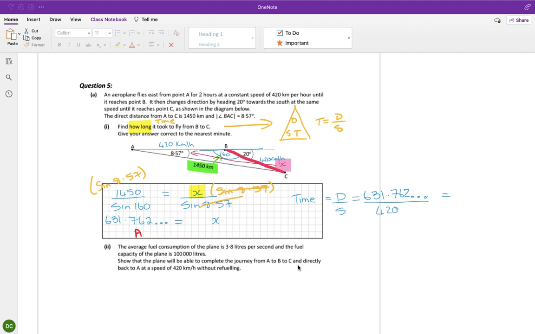So I'm going to divide that by 420. To the nearest minute. Okay, so I'm getting 1.504 and again it goes on, but that's hours. So I'm going to need to multiply that by 60. So that is giving me 90.25 minutes, which is 90 minutes to the nearest minute.